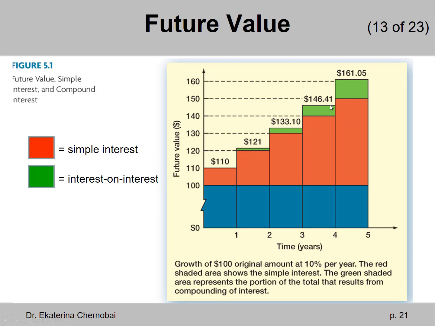But you don't just earn that, you also earn an increasing amount of interest on interest. So you can say that compound interest, which is what's going on here with all these future values, equals simple interest plus interest on interest.